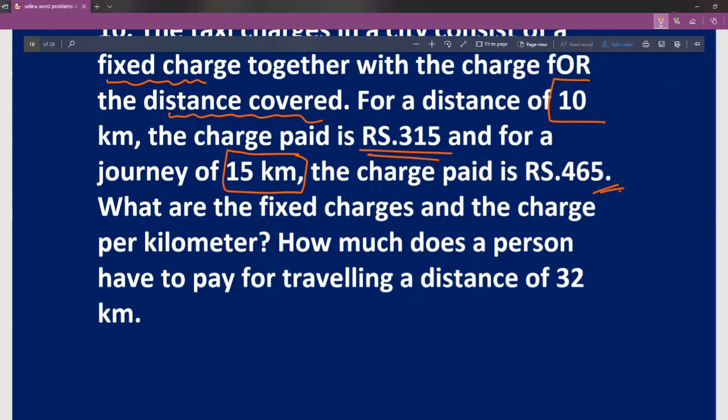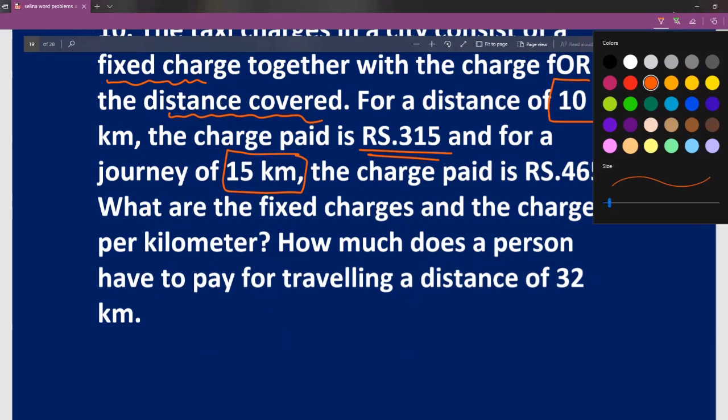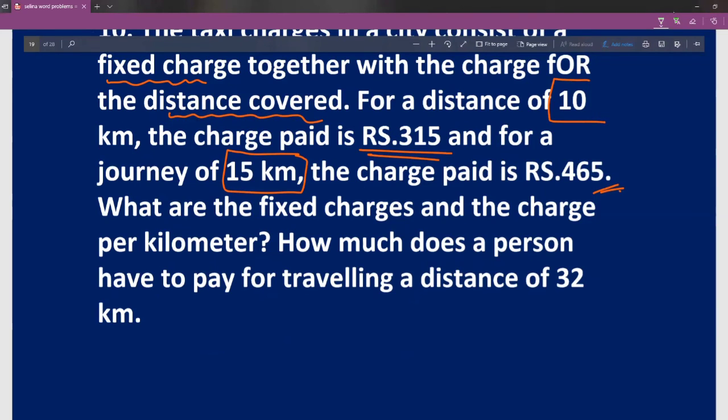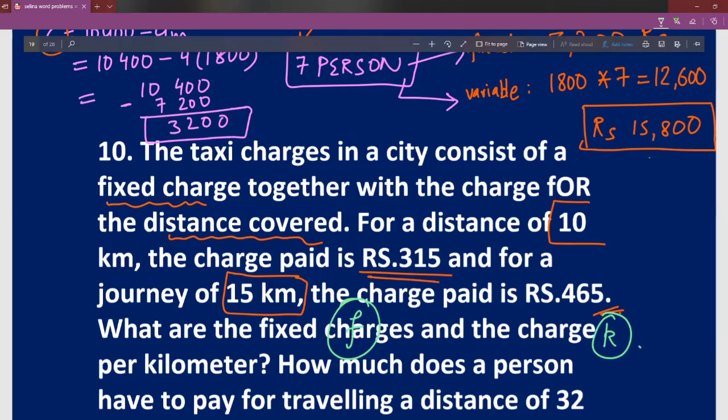Again, I am suggesting you, whatever is being asked, assume that. The fixed charges, assume it to be F. Charge per kilometer, let us assume it to be K. Now let's read the question again.